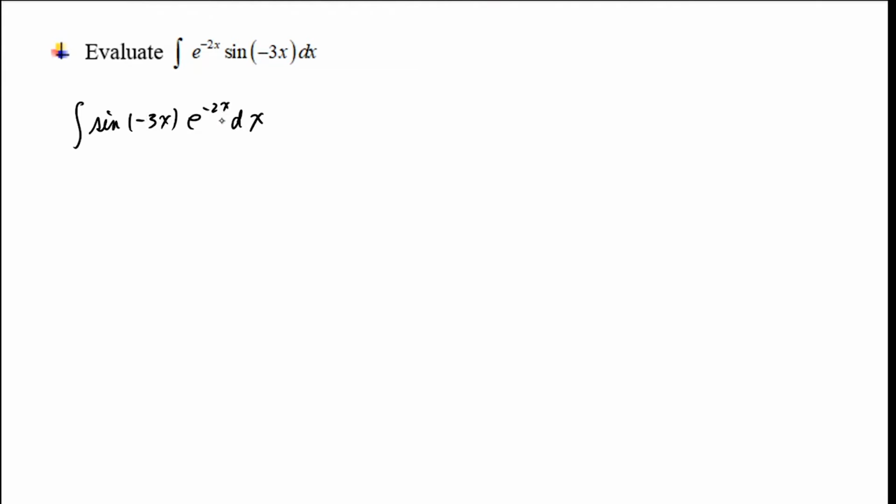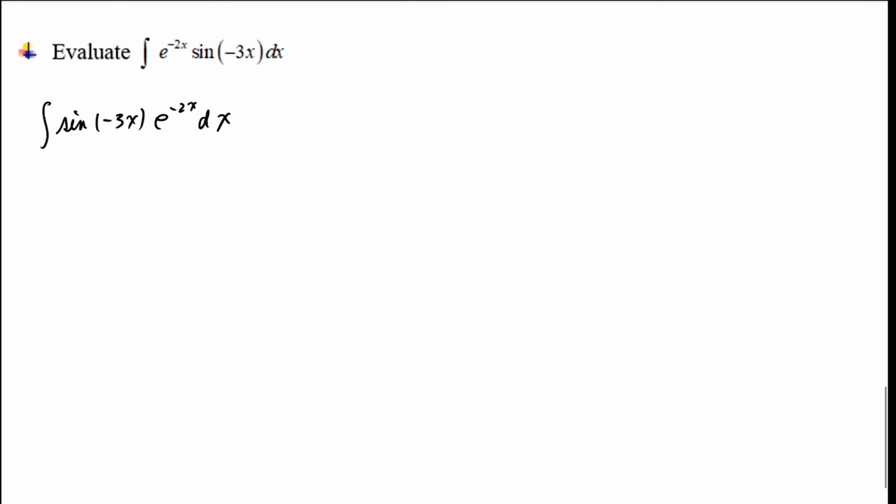The derivative of e to the something is still e to the something, which means the antiderivative is this. So this is easier to integrate. You know what I'm saying? So, and then space, see how much space I leave here. So u is sine negative 3x, and then dv is e to the negative 2x dx is how I want to do it.